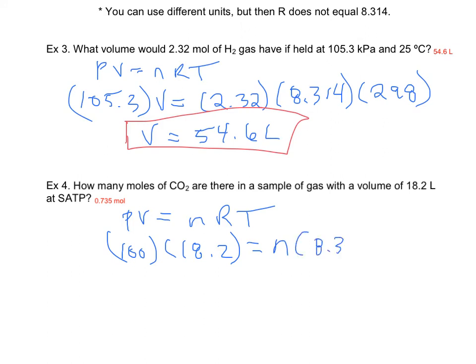R equals 8.314, and at SATP, I'm at 25 degrees Celsius or 298 Kelvin. When I'm rearranging for n, I'm just going to take 100 times 18.2 and divide by both of these terms. That turns out to be 0.735 moles.